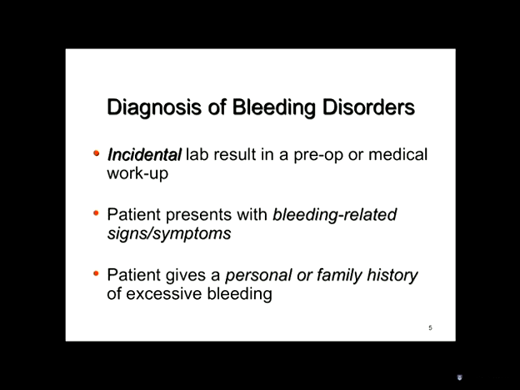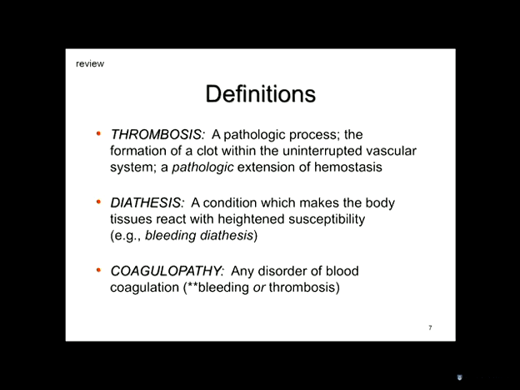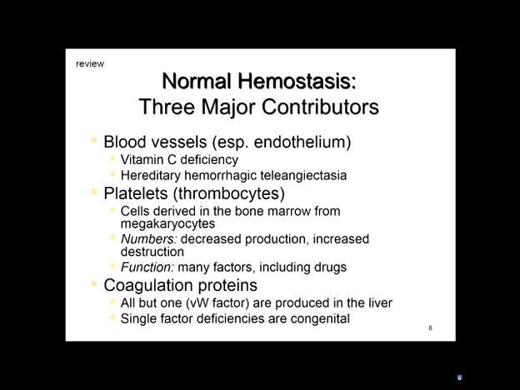These are the more common scenarios. It's less common among these problems that the patient actually does have a personal or family history of excessive bleeding. So there are certain definitions and terms that are listed here. You need to know them. And I'm not going to spend time on reading them to you, but you are still responsible for them.